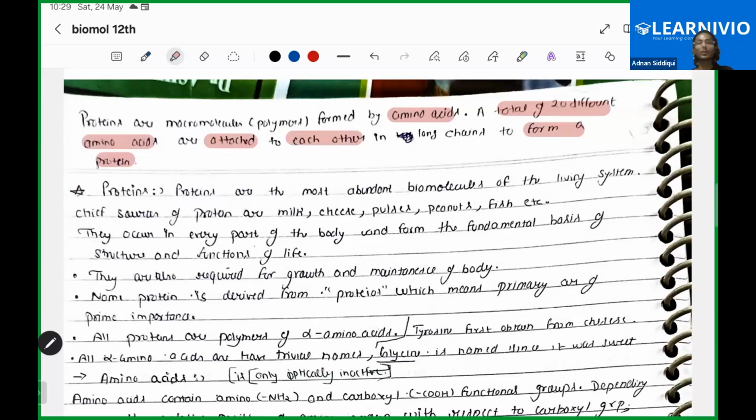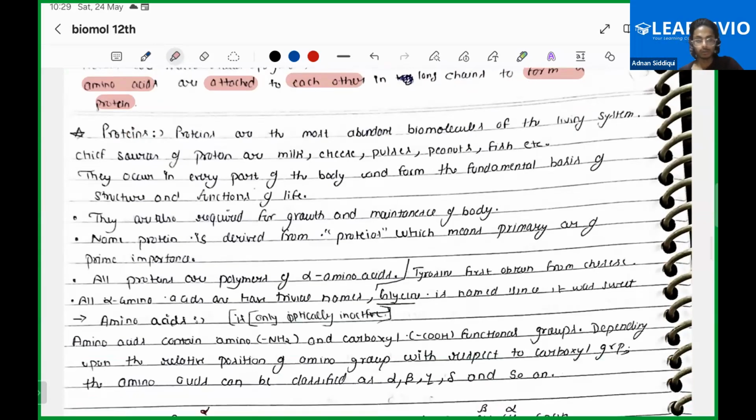If we change the sequence, we will get a different protein. I will show you how we are going to change the sequence. So let us talk about protein first.